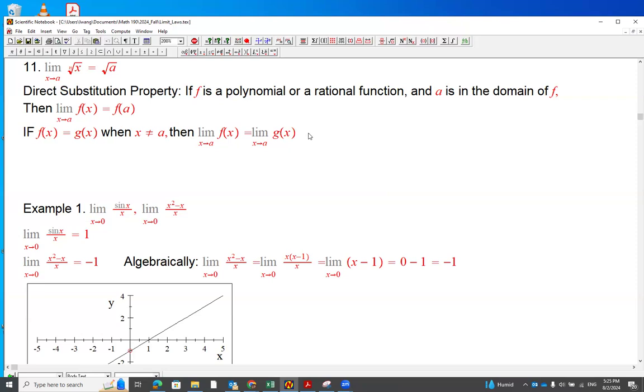So we're going to illustrate that. Of course, provided the limit exists.